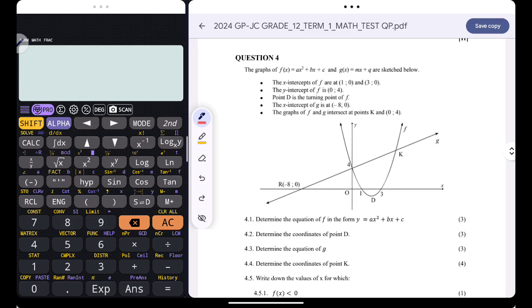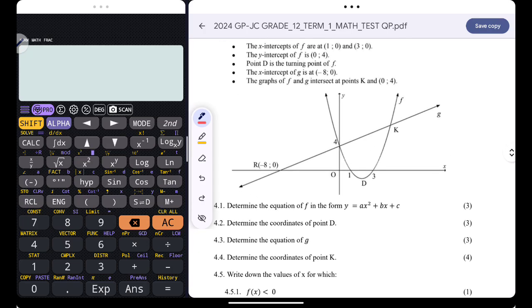Question 4. I'm told that the graph of f of x and g of x are sketched below. The graph of f of x is the parabola, and the graph of g of x is a straight line. I'm also told that the x-intercepts of f are 1 and 3, as shown in the sketch, and the y-intercept of f of x is here.